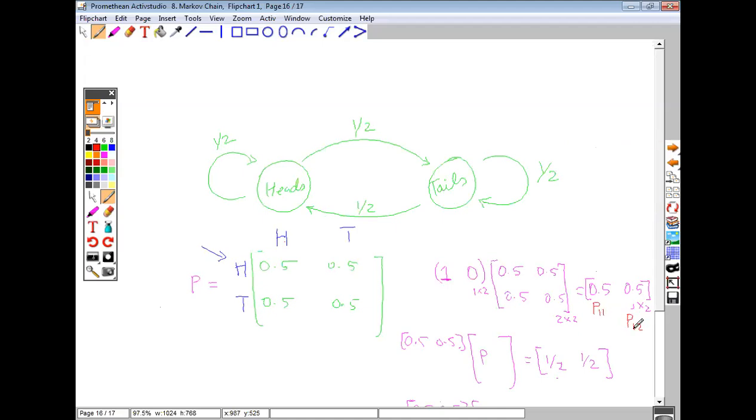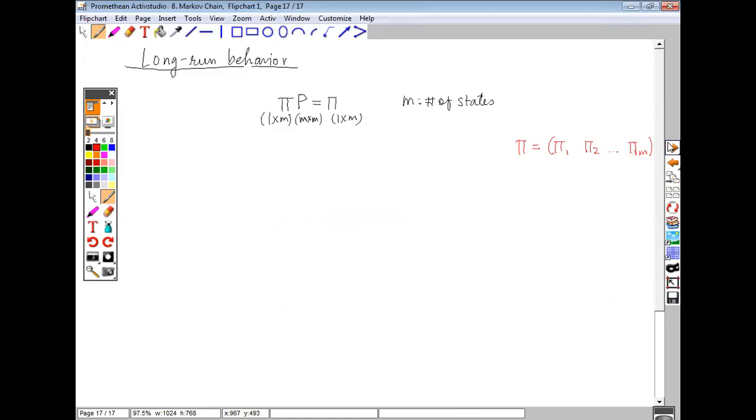So why have I not written this one here? Because it doesn't matter, right? Whether you start with heads or with tails, this probability is going to be the same. What you care about is where you land.